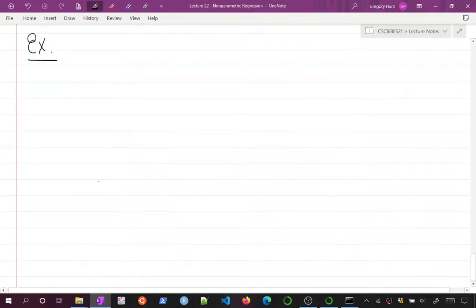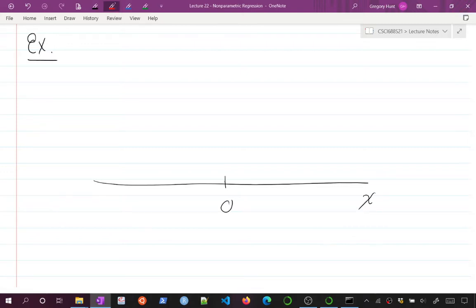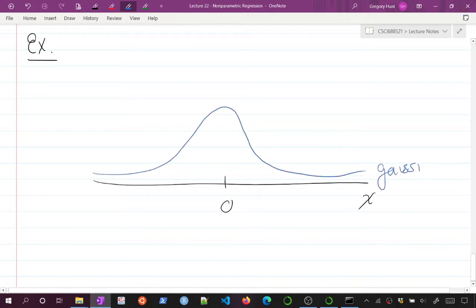So examples of this thing, we can just basically draw them like PDFs. Here's my x-axis, for example. I have one-dimensional x. And pick your favorite probability density function that's symmetric around 0. Oh, I don't know. Let's pick Gaussian. That would be a kernel. You could pick a triangular distribution.